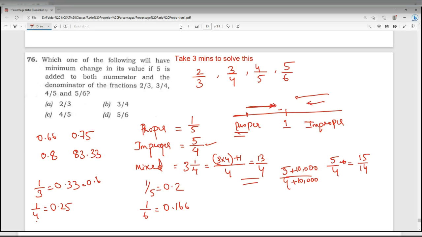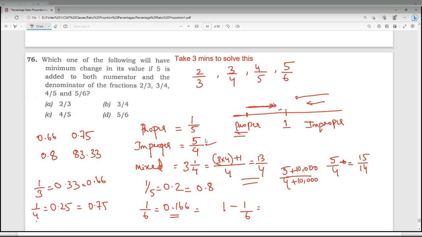If you multiply, it will become 0.66. 3 into 0.25 is 0.75. And 4 into 0.2 is 0.8. And for 5 by 6, instead of multiplying 1 by 6 by 5, I have done 1 minus 1 by 6, that would become 5 by 6.